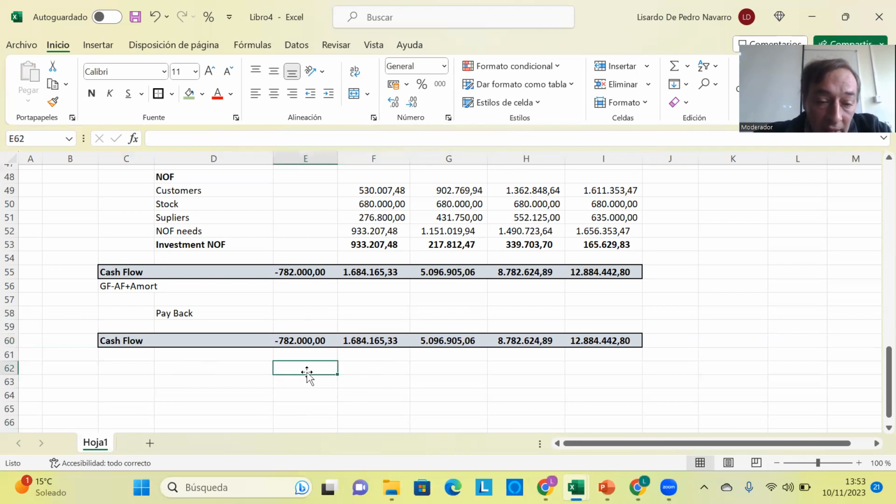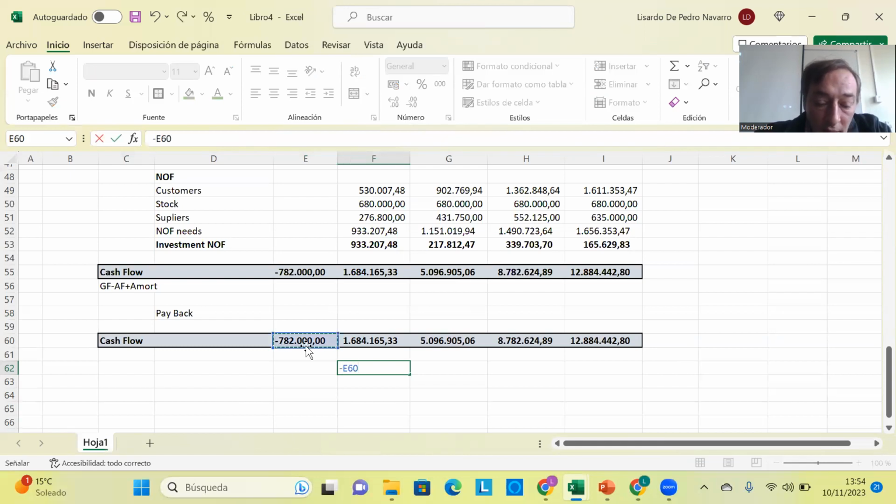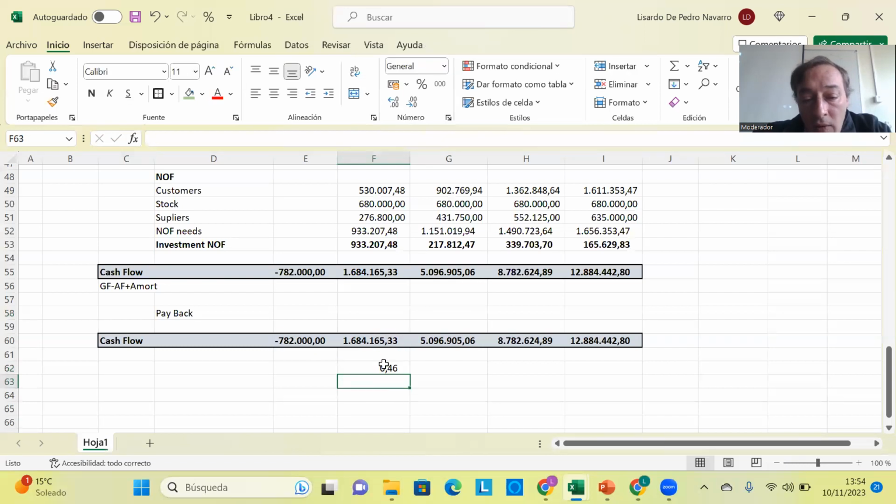So here we cannot accumulate more than 1 year, because in the first year we get more money than the initial investment. So directly we can say this one divided by this one, we only need 46% of the year. So we can say 1 year and 0.46.